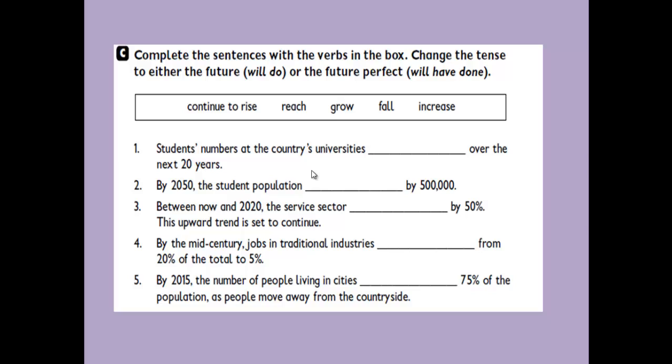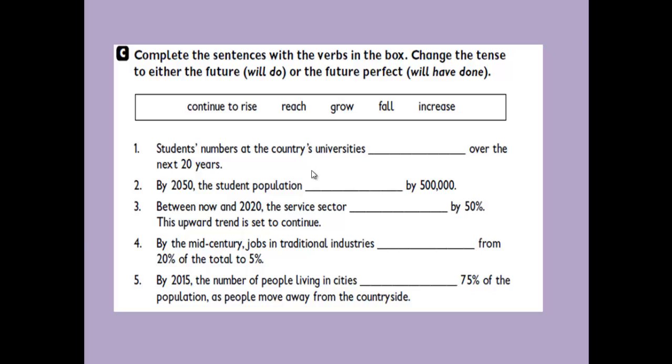In this practice, specifically speaking, we want to use the future in its two forms, I mean will plus do, or future perfect will have plus past participle, or done. Let's do exercise number 1.